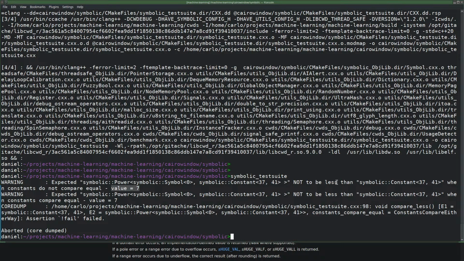I agree. No, wait a minute. I'm looking at it wrong. This is a power, sorry. Expected the power of symbol 0 to some constant not to be less than just a constant. Yeah, well, that's okay, obvious.